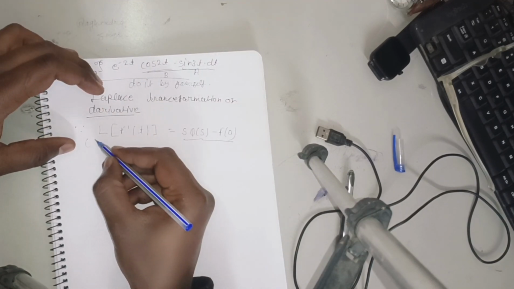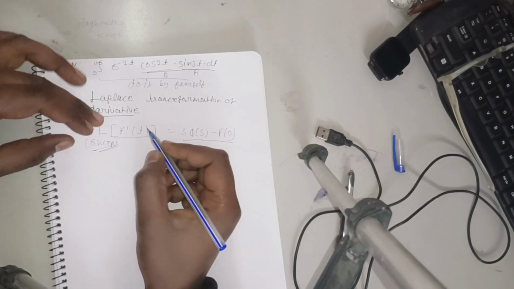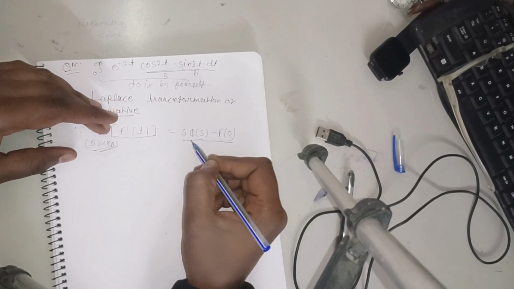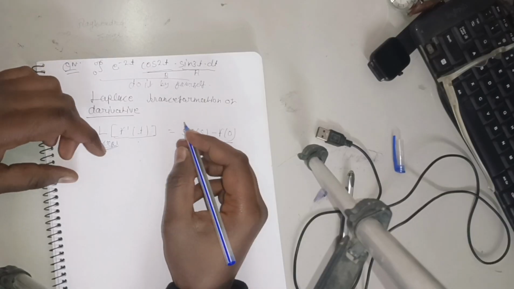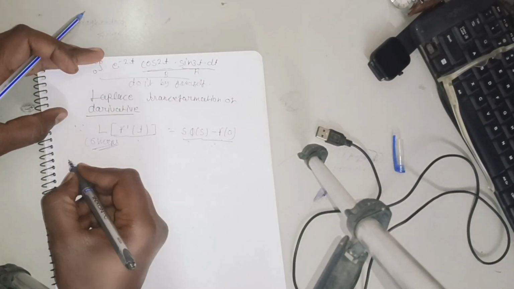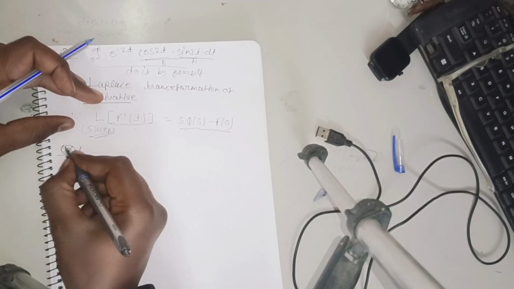So the main concept we have to remember: this will be the form of the question and we have to convert it in this form. That will be considered as integral of Laplace transform. So let's take the example of question number 1.